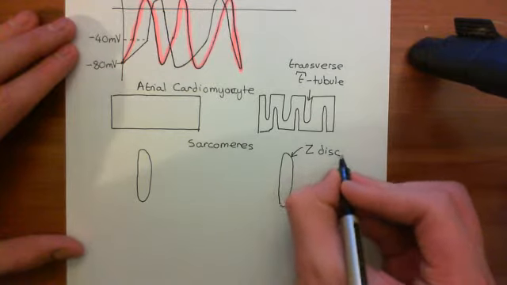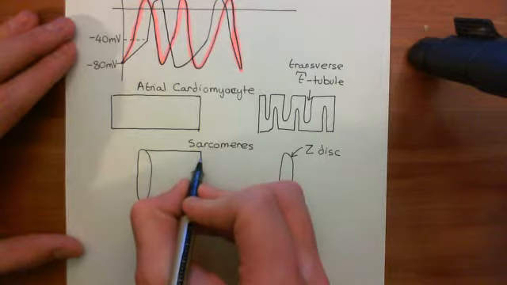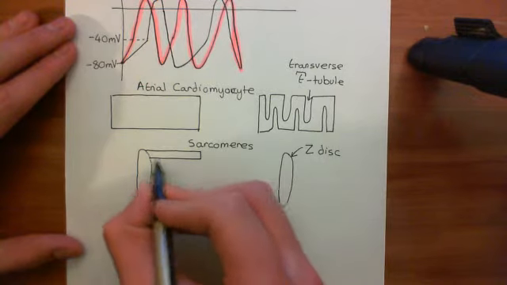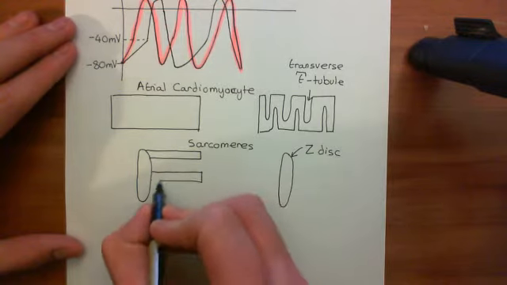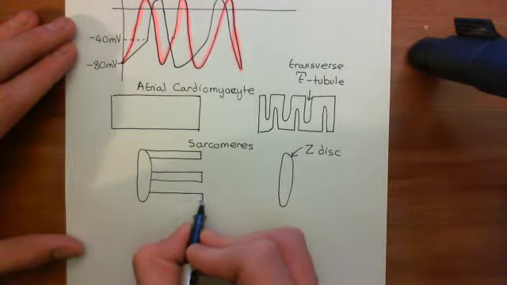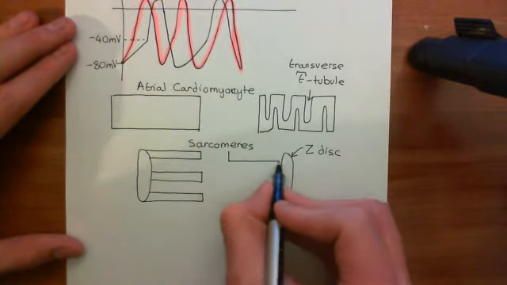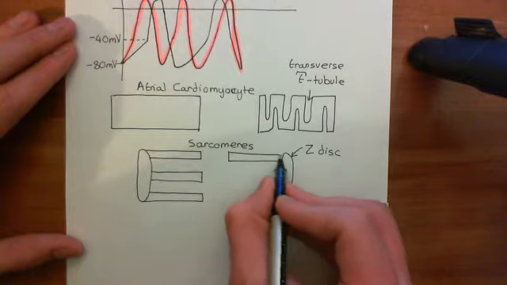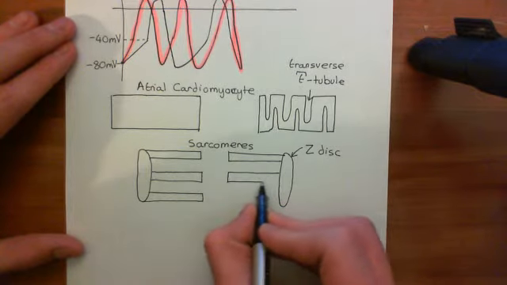The Z discs have actin filaments which project from them towards the Z disc opposite. Here are these actin filaments, and then this Z disc over here will have actin filaments which project towards the opposite Z disc as well. So it will reciprocate like so.